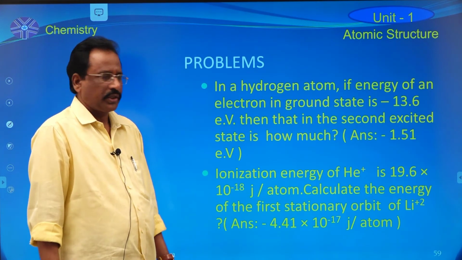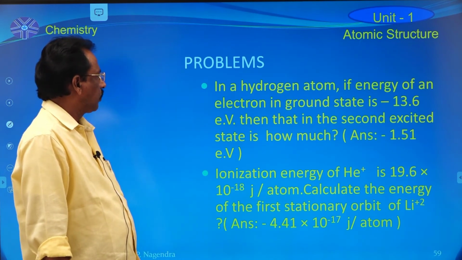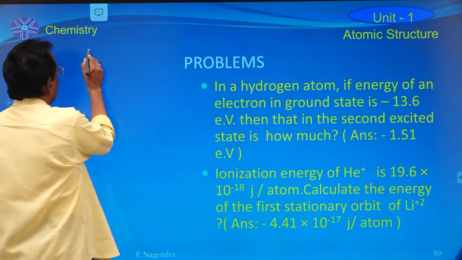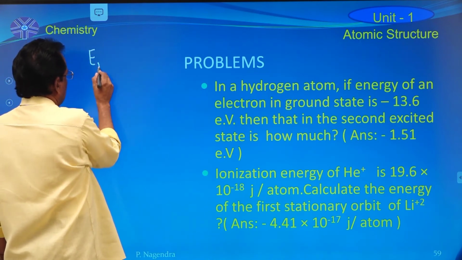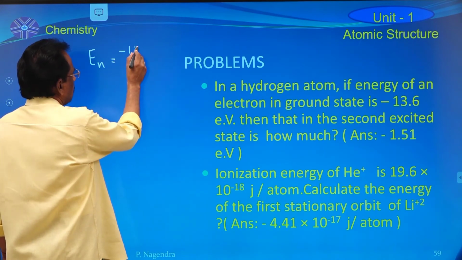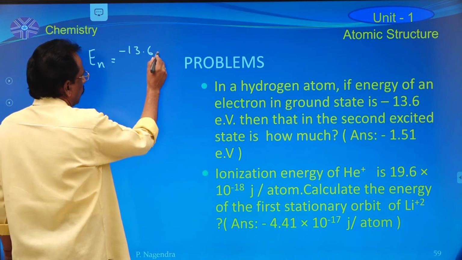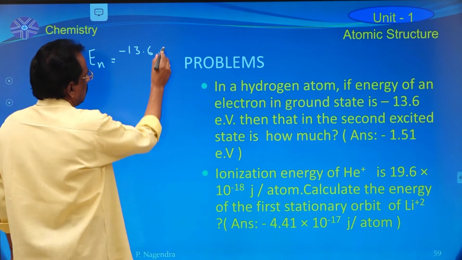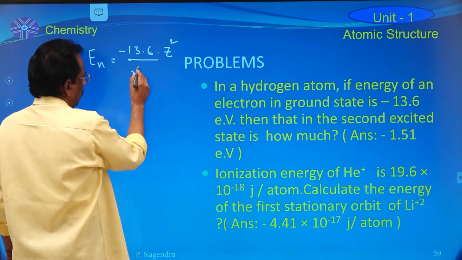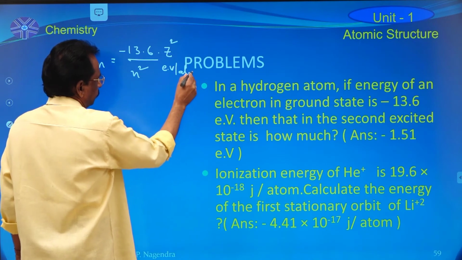According to Bohr's theory of the hydrogen atom, the energy of the electron in the nth orbit is equal to minus 13.6 into Z square by n square electron volt per atom.